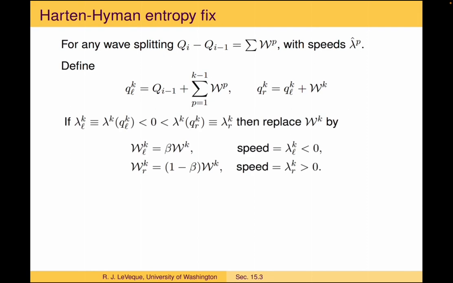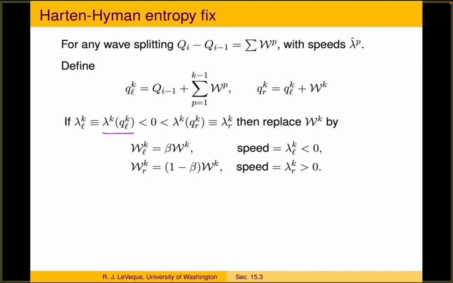The case where we have to worry about a transonic rarefaction is if we evaluate the eigenvalue lambda k in the state just to the left of that wave, and evaluate it just to the right of that wave, and to the left it's less than 0 and to the right it's greater than 0.